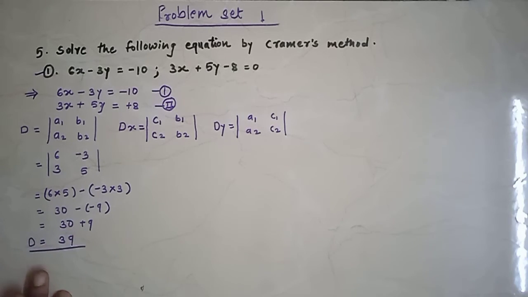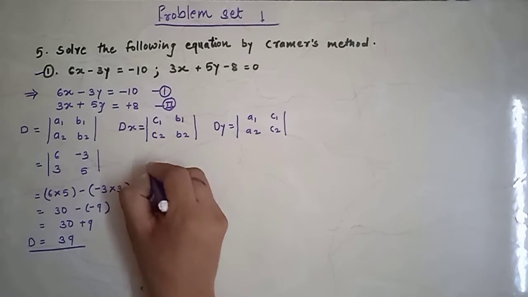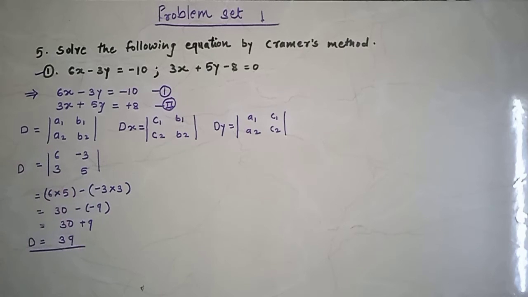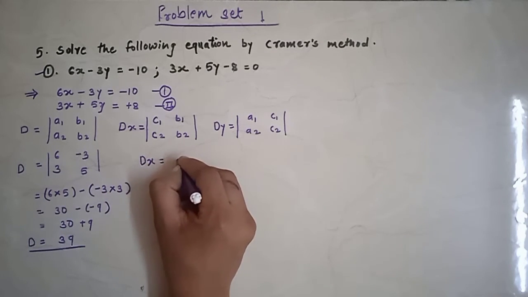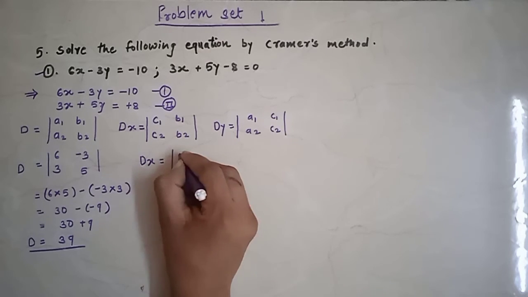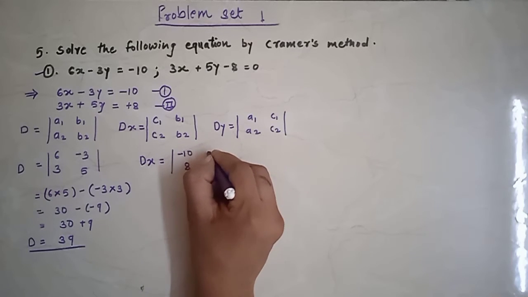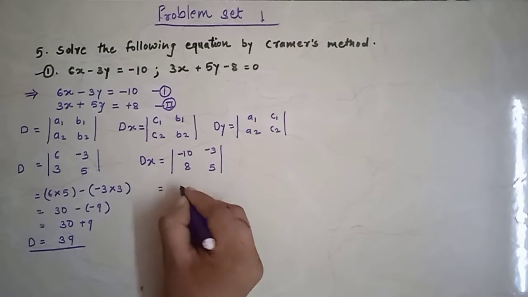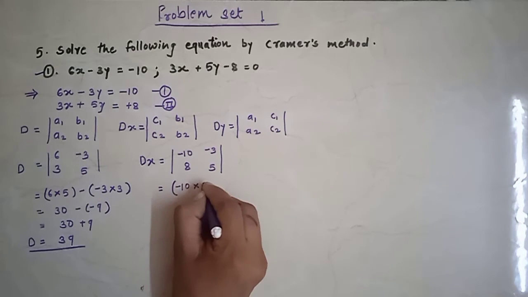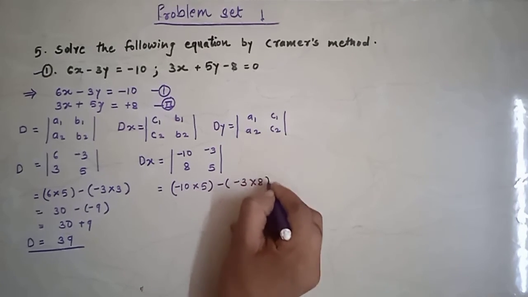We get the value of D, then solve D of x. D of x is equal to c1 c2, which is minus 10 and 8, and b1 b2 is as it is, minus 3 and 5. So for D of x, do the cross multiplication: minus 10 into 5 minus minus 3 into 8.